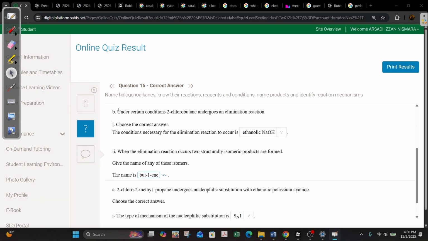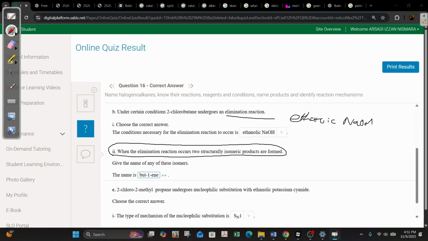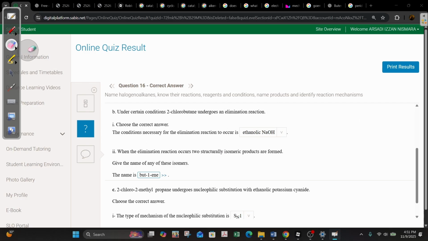Okay. Under certain conditions, 2-chlorobutane gas undergoes elimination reaction. Elimination reaction, what is that? Ethanoic NaOH. When the elimination reaction occurs, two structurally isomeric products are formed. Okay. 2-chlorobutane. Let's see. Methane, ethane, propane, butane, and there's a chlorine atom here.